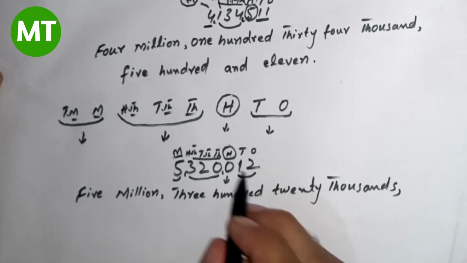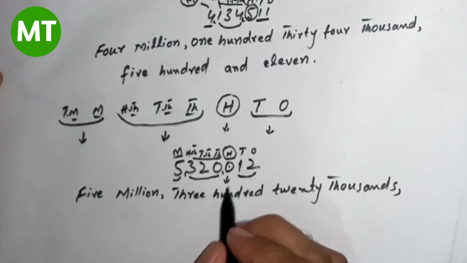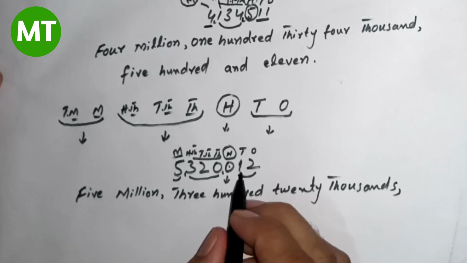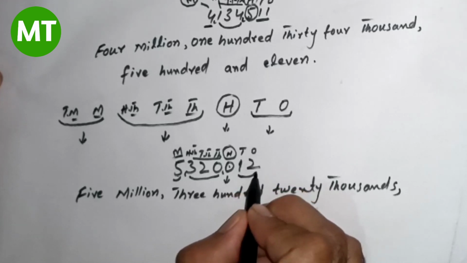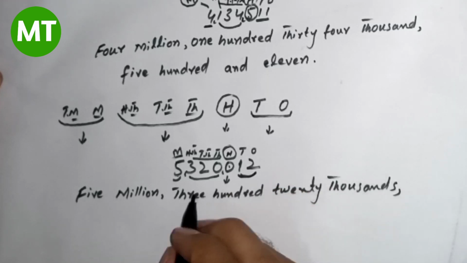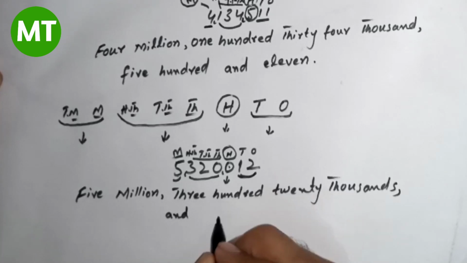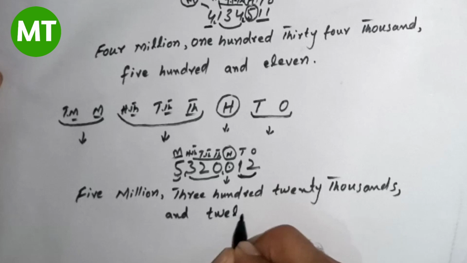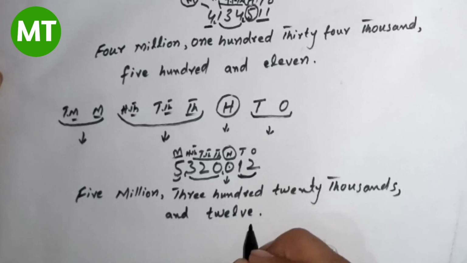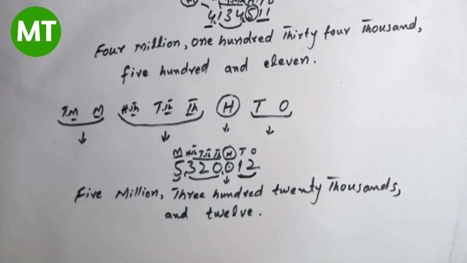Now as you can see that the 100 place value consists of 0, so no need to write a 0. Just jump to the last two digits, which is 12. You already know that we will write them together. So viewers, this is how we can write a number in words.